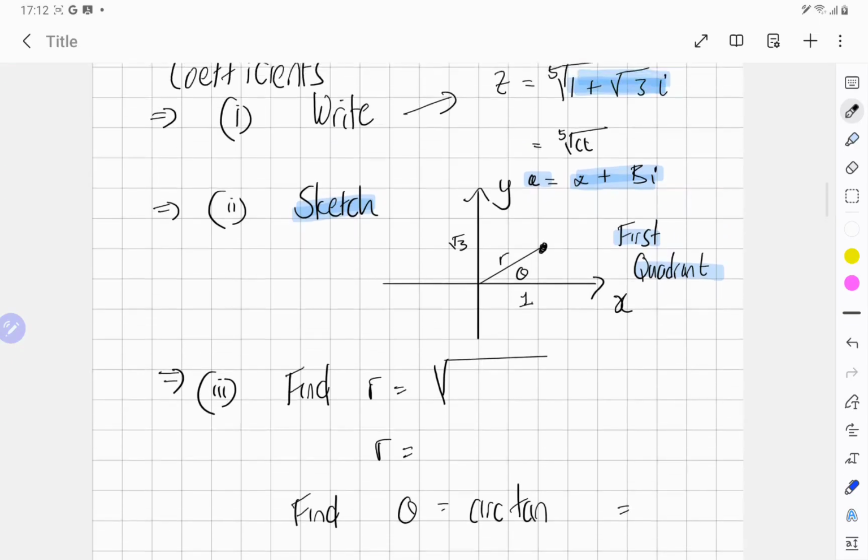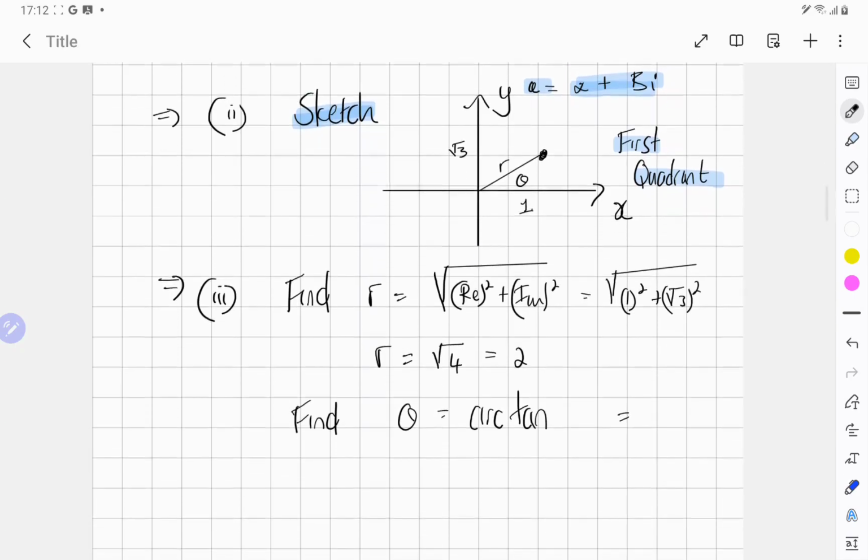So my r, just to recap, will be the real squared plus the imaginary squared. In our case, it will be 1 squared plus root 3 squared, which is square root of 4, which is 2. So we know that r is 2.